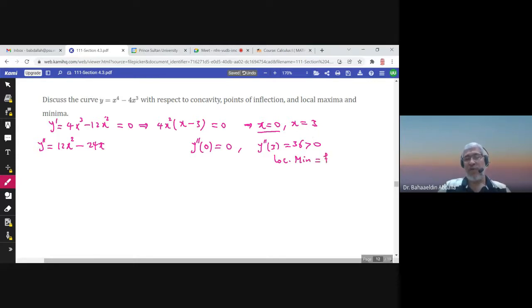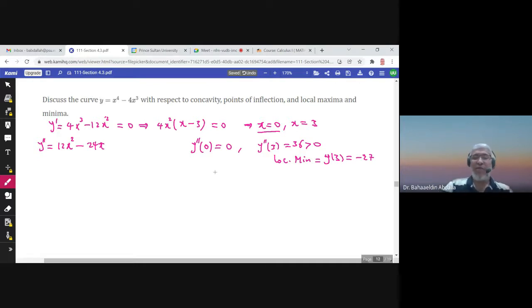So I know immediately that the local minimum is f of 3, or in this case y of 3, because it is called y, not f here. I replace x by 3: 3 to the power 4 minus 4 times 3 to the power 3, and that's negative 27. So negative 27 is a local minimum of this function.